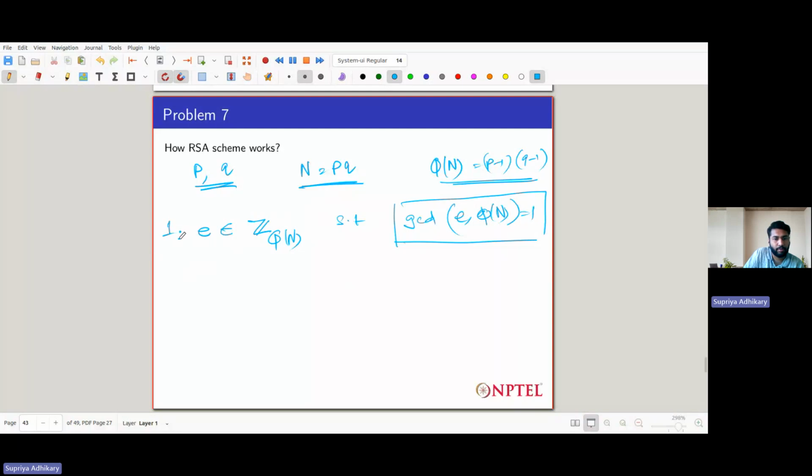So this is step 1. Step 2 is that since GCD of E and phi n is 1, we can efficiently compute a D such that ED is congruent to 1 mod phi n.